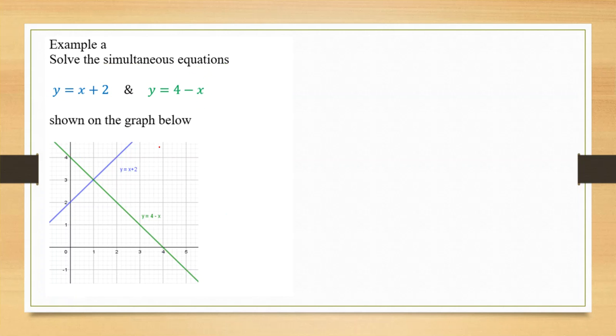What happens with simultaneous equations is we look for a solution to both equations. So a pair of numbers that make the equations true for both. So that point here is 1, 2, 1, 3, sorry. So you can see here the line crosses at 1, 3. This point here.